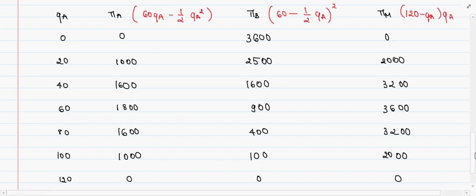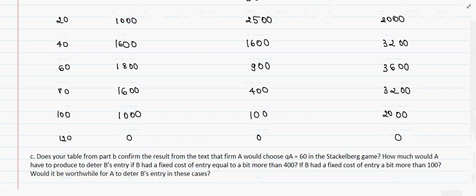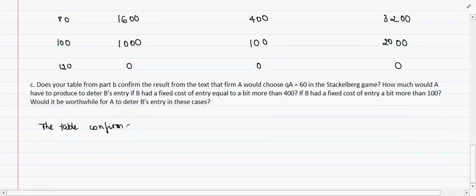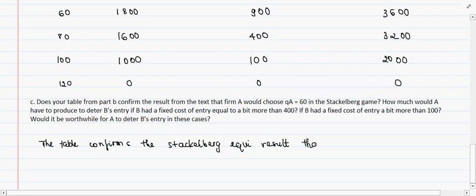Okay, so therefore the table confirms the Stackelberg equilibrium result that firm A should produce QA equal to 60 in order to maximize firm A's profit.